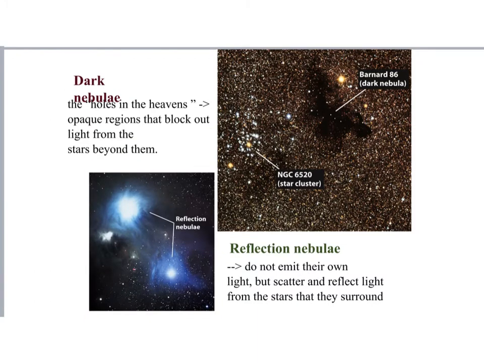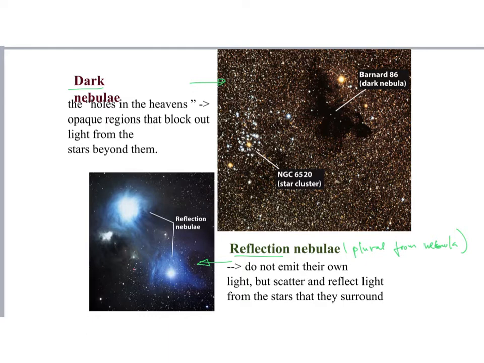Okay, so those were examples of emission nebulae, but here are some other types of nebulae. We have the dark nebulae, here is an example, and the reflection nebula. Nebulae is the plural of nebula. It's all Latin, so there are no nebulas, although some people use that.